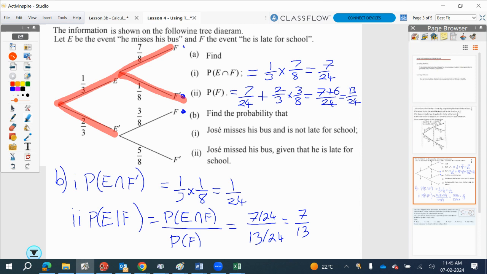Let me write it here on this one. This one here is the probability of F given not E, intersecting F, meaning both of them happen.